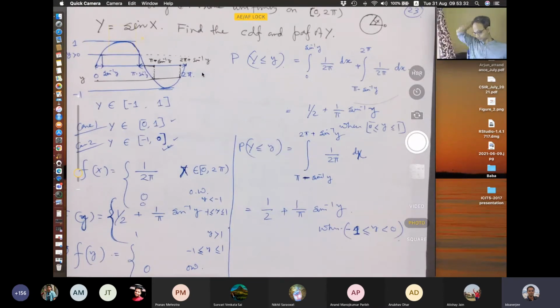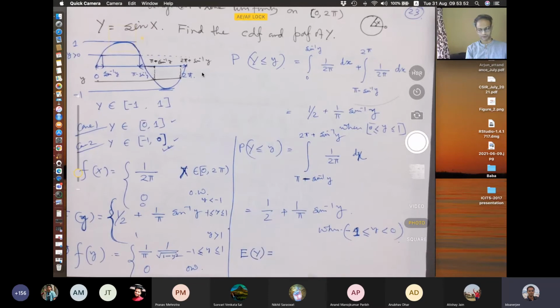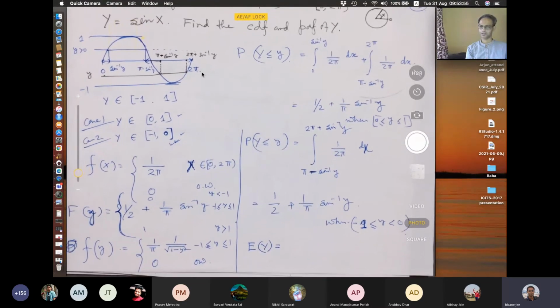1 by pi into root of 1 minus y squared. And now if I ask what is the expectation of y? Zero.